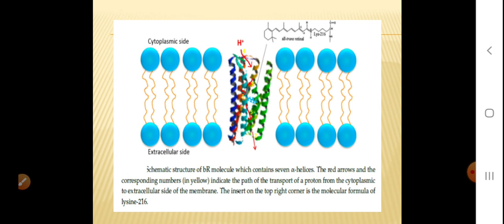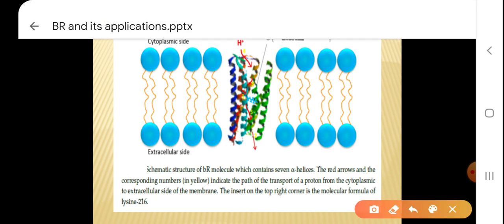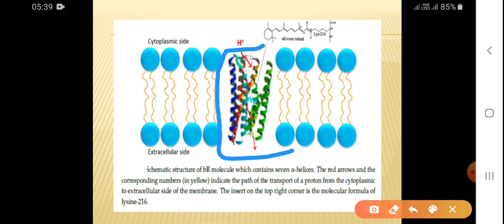So here you can see the structure of the 7 membrane helix of the Br molecule, and at the center of the cavity you have the protonated Schiff base, and to this Schiff base you find the attached retinal. Fine. These red arrows indicate the movement of the proton.